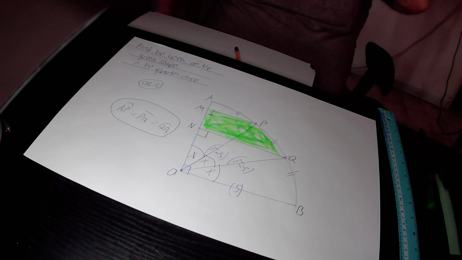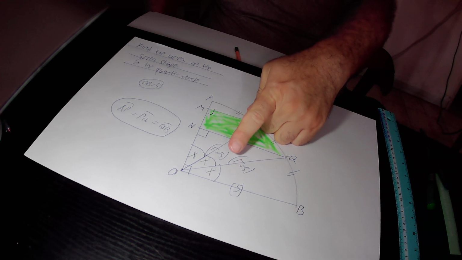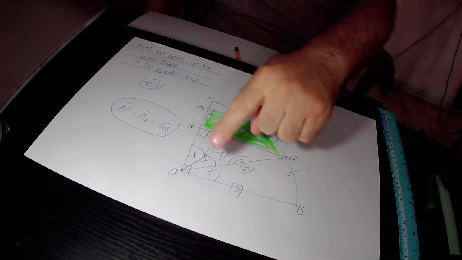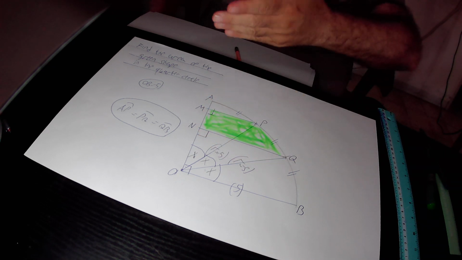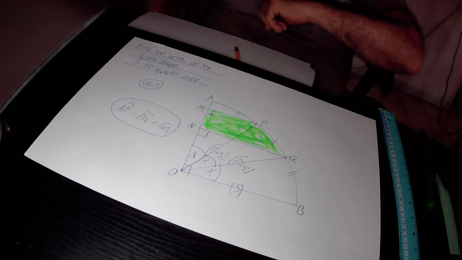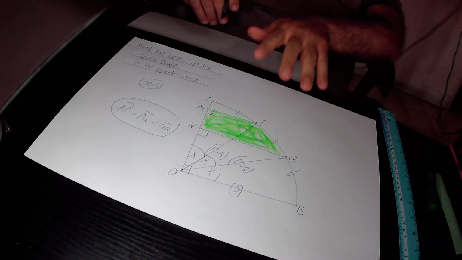From the drawing, it is very easy to see that X plus X plus X, that is 3X, is equal to angle AOB. But it is given in the question that angle AOB equals 90 degrees, and therefore 3X must be equal to 90 degrees.